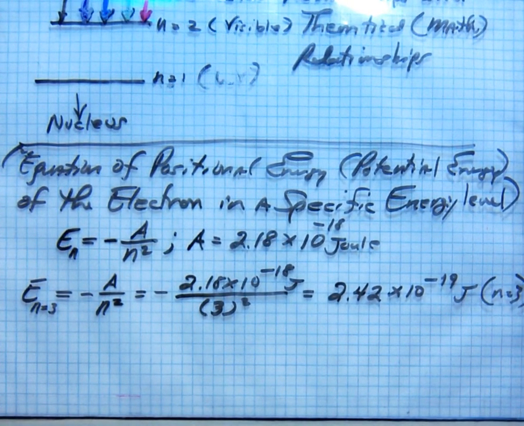So while the electron is sitting on that shelf, it has 2.42 times 10 to the minus 19th of a joule built up in it.